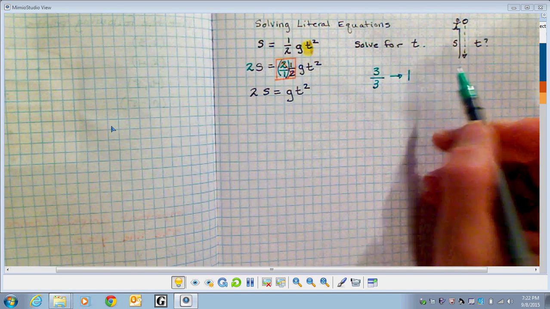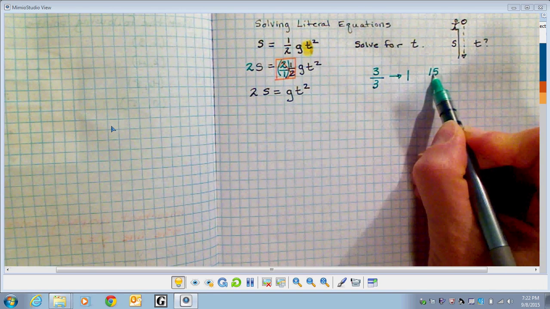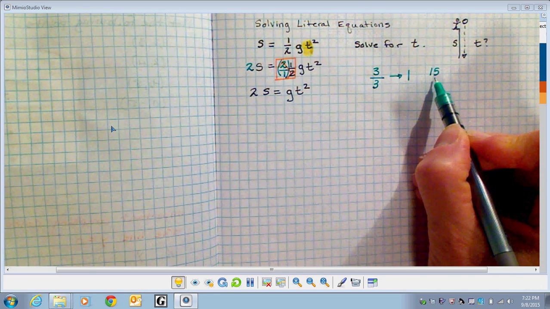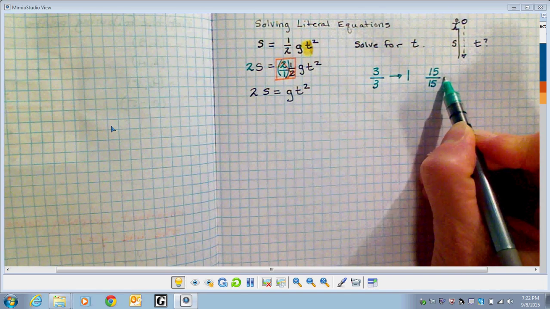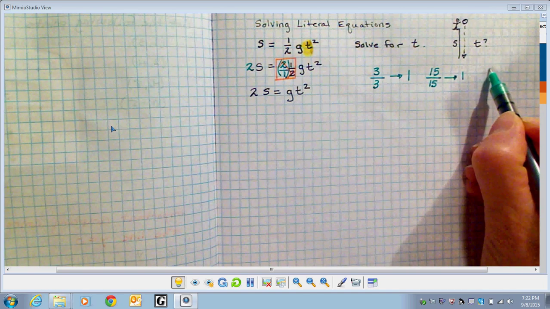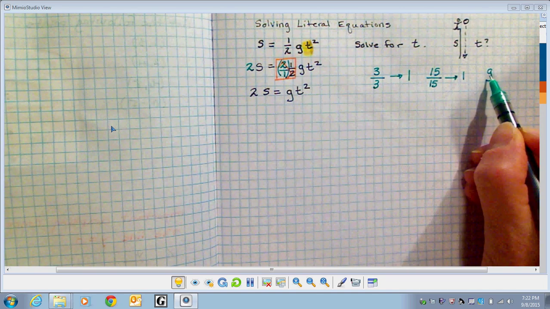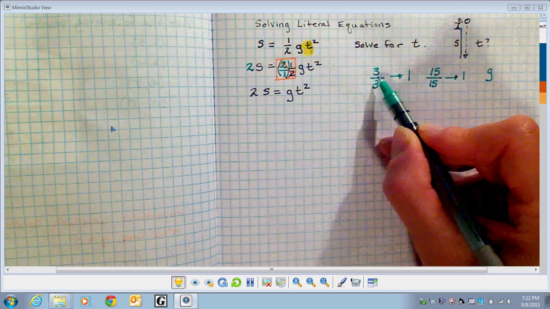How about if I had, I don't know, 15? What would I do to 15 to make it turn into 1? I would have to divide it by itself, and that turns into 1. So the question is, if I have G, what am I going to do to G? G is just another number, just like 15, just like 3.